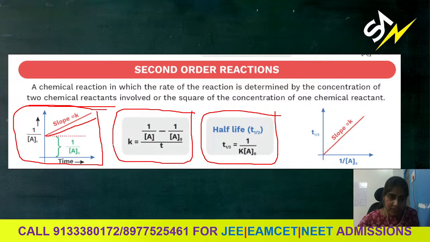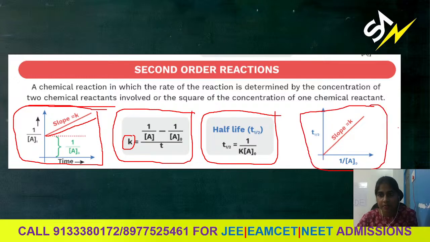Here the slope is equal to the rate constant K and the intercept is 1 by A naught. So this gives the graph of a second order reaction. For T half, it is a straight line from the origin. T half is taken on the y axis and 1 by A naught concentration is taken on the x axis. Here the slope gives a straight line from the origin.